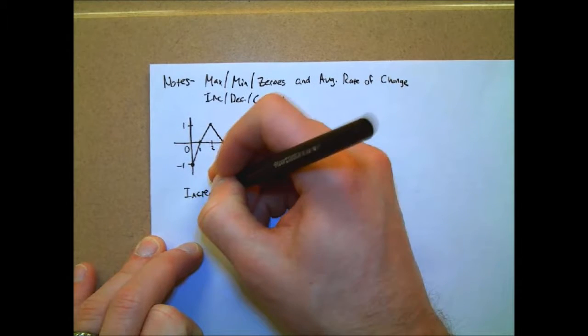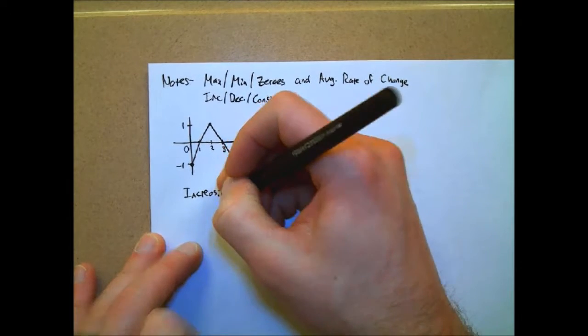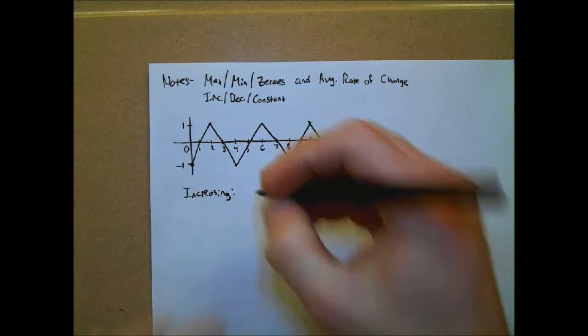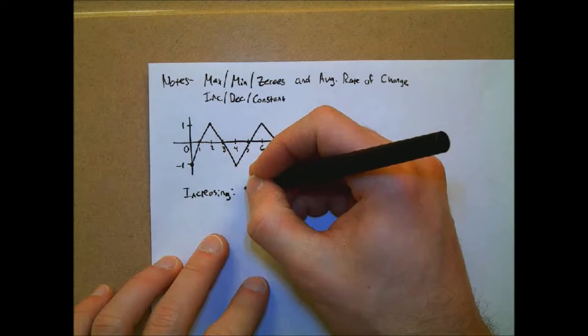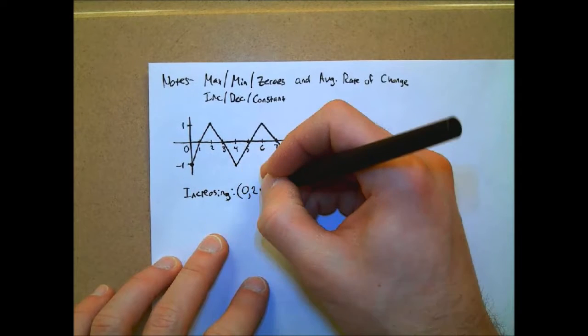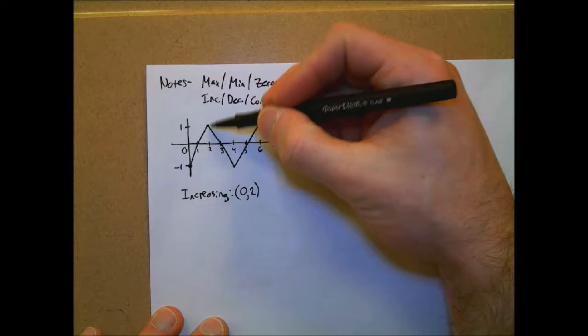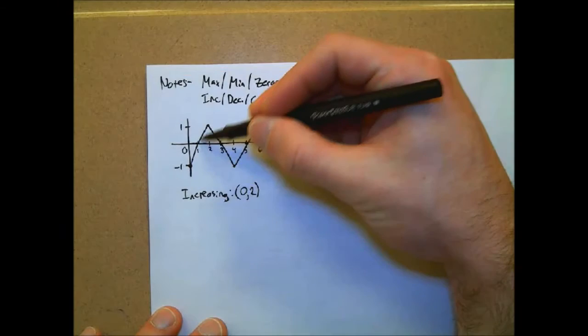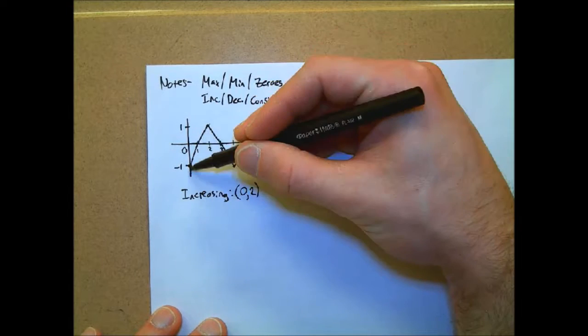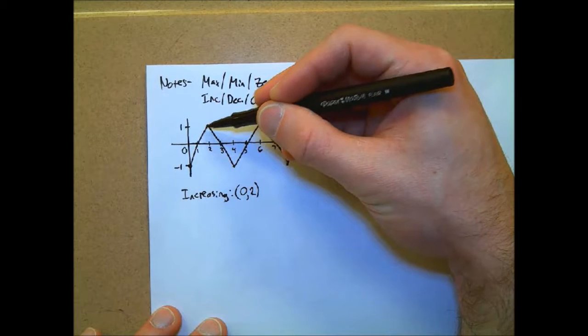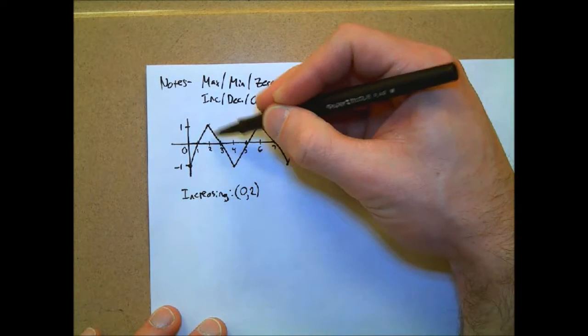We'll say increasing here for our behavior. We're going to say from 0 to 2. Typically with increasing and decreasing, you don't include the endpoints because at the endpoints, it's hard to say whether it's increasing or decreasing. For example, at this 2, if you look at it from the left, it looks like we're increasing as we get to the 2. But if you look to the right of the 2, it's decreasing.